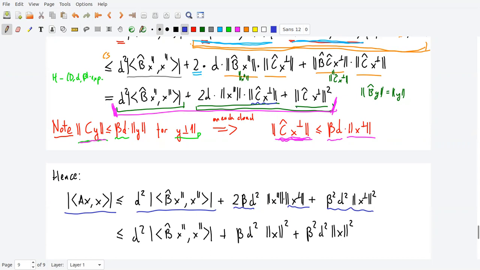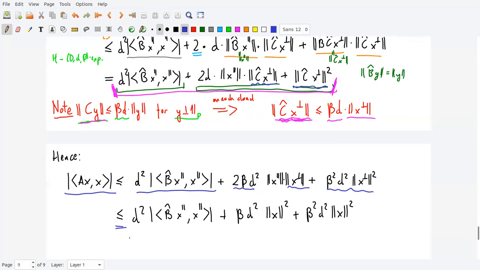So this norm of C hat x perpendicular squared is upper bounded by beta squared d squared times the square of the norm of x perpendicular. Good. So now I can upper bound it like that.